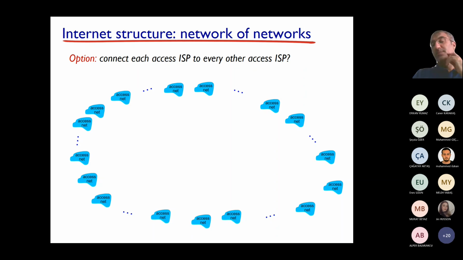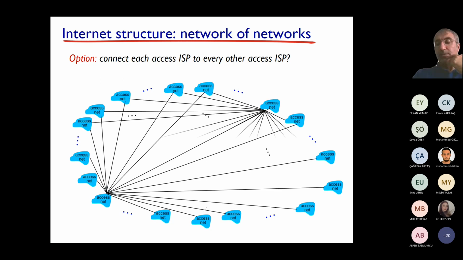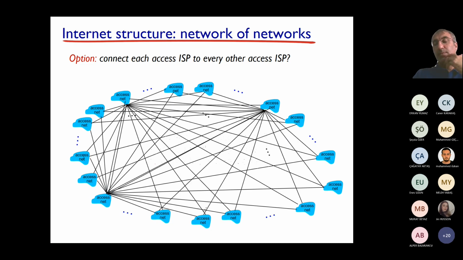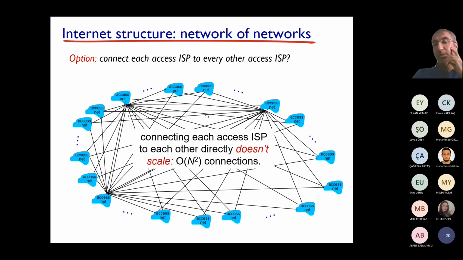One of the first straightforward solutions is to connect each ISP to each other, right? Which is like this. But what's the problem? Connecting each access ISP to each other directly doesn't scale. It's gonna have O(N squared) connections. This is really complex to manage, so that's not a practical solution.